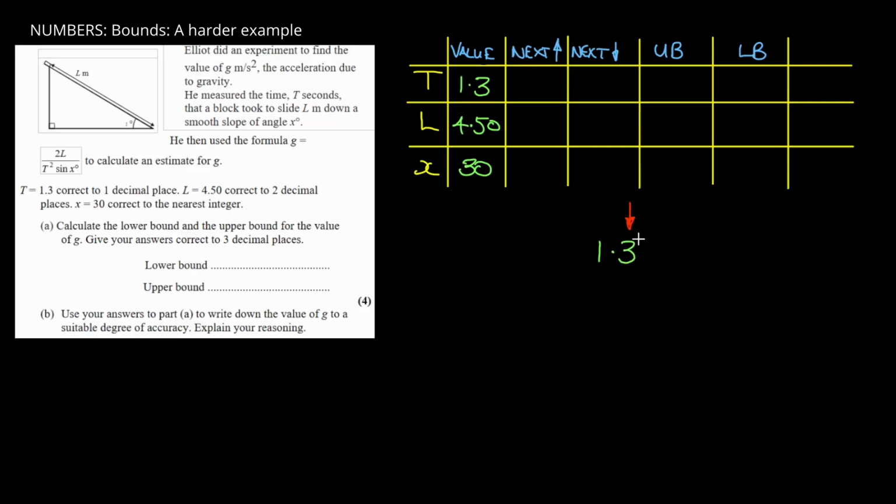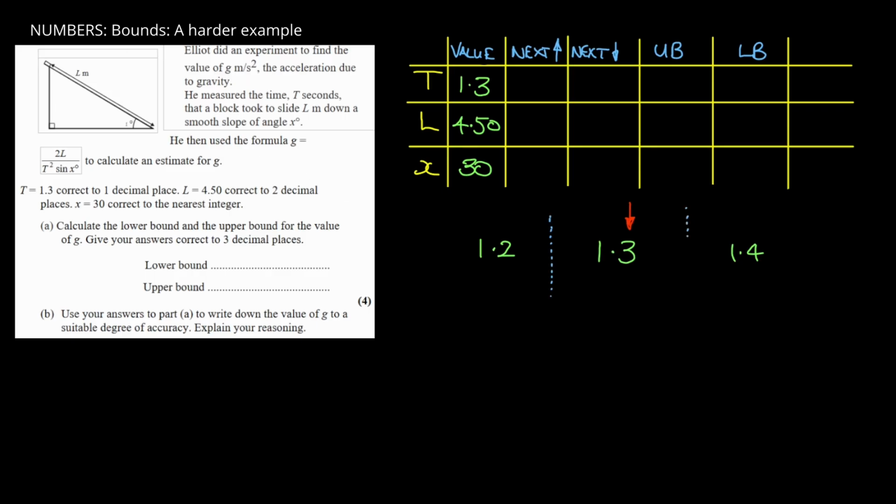So even though 1.3 is quoted as the result, it could be from a range of values. The trick to use is to work out what the next value up would be. Well, the next value up will be 1.4 and the next value down will be 1.2. So the question is, what range of values would get sucked in such that the answer would be quoted as 1.3?